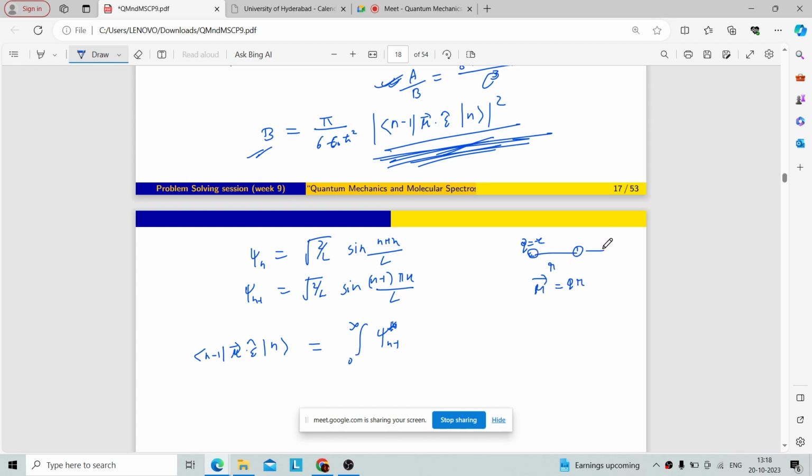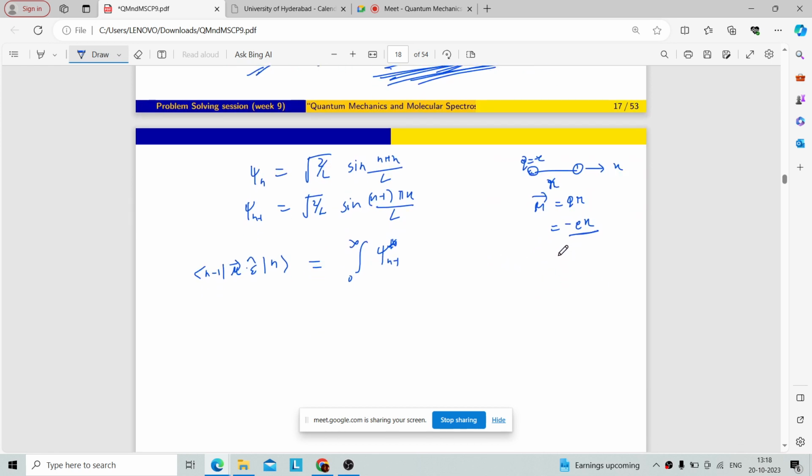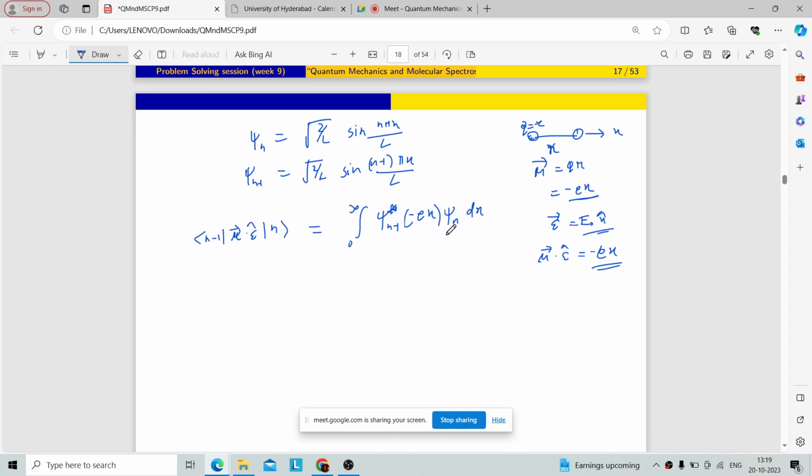If I assume this to be along the x-axis, and the distance between them is x, then it becomes minus ex. And this electric field is along the x-axis, so mu times e cap will give us minus ex. So the integral becomes minus ex psi dx.